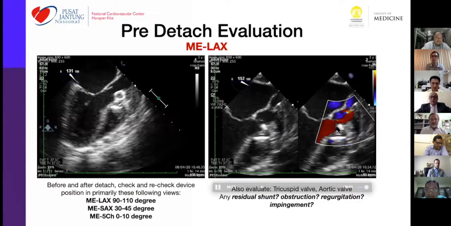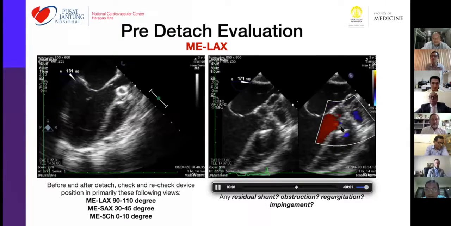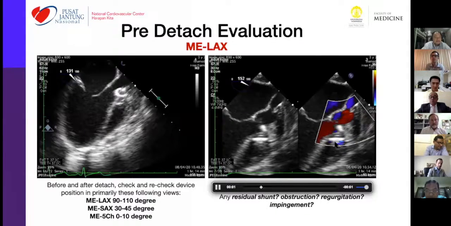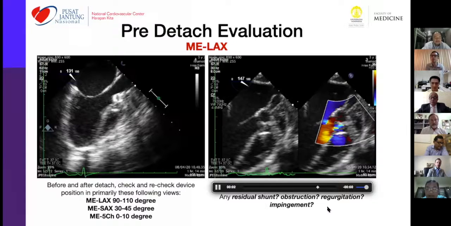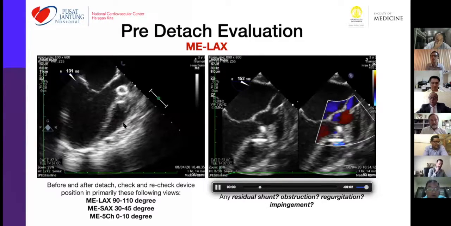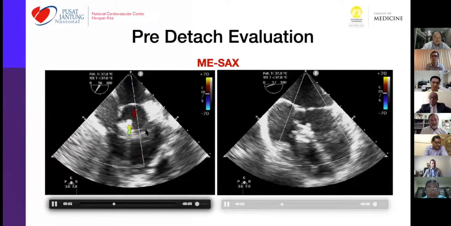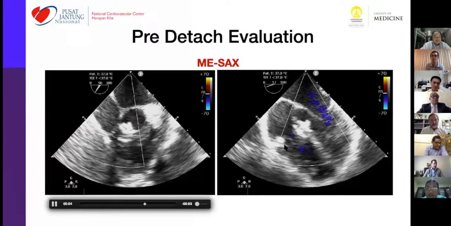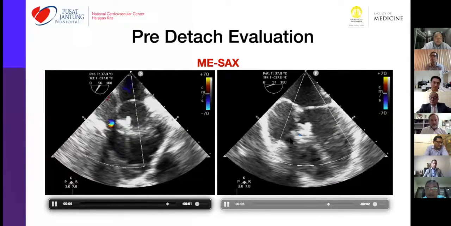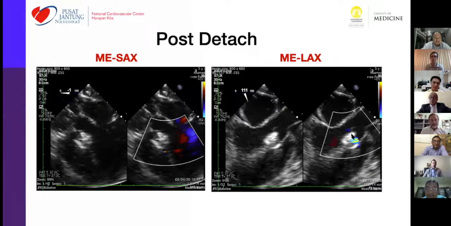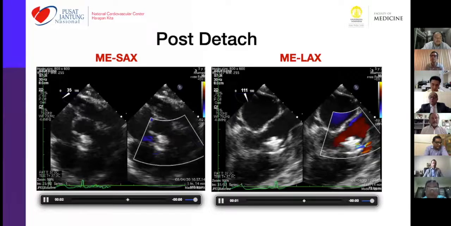You can see a little aortic regurgitation, but it comes from the cable. Then we check for any residual shunt. After we release, you can see here the picture from the short axis and the 5 chamber, and from the long axis there is no AR.